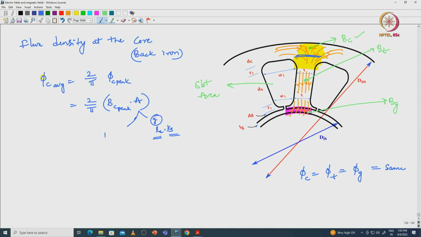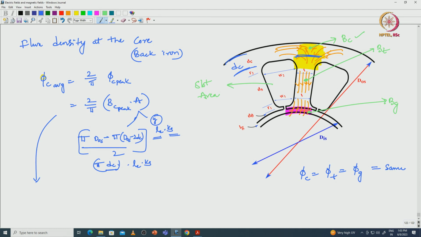The x axis length will be pi into d naught s minus pi into d naught s minus 2 dc, where dc is the back iron width, divided by 2, we have to take. Then this will result in dc value, pi into dc into Le into Ks is the area. Okay.